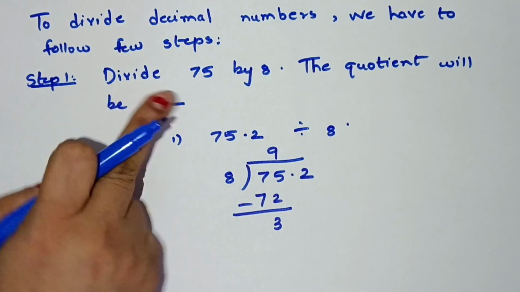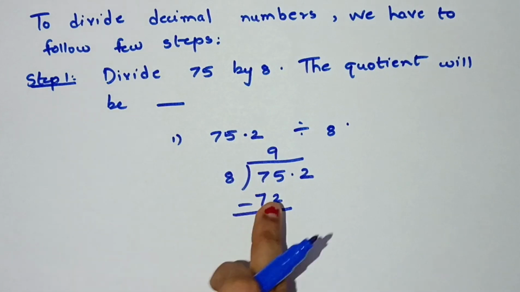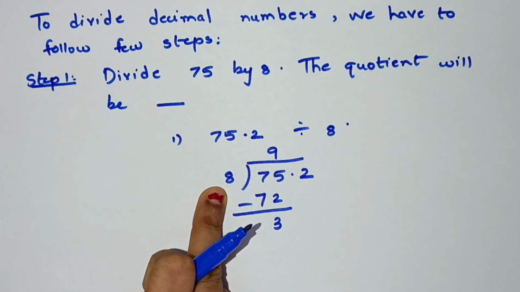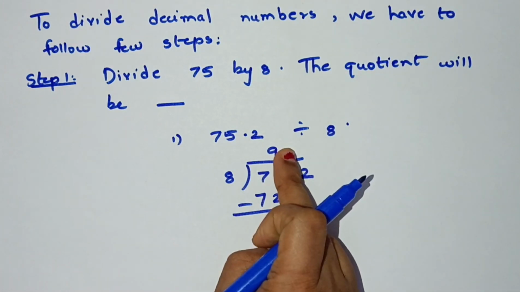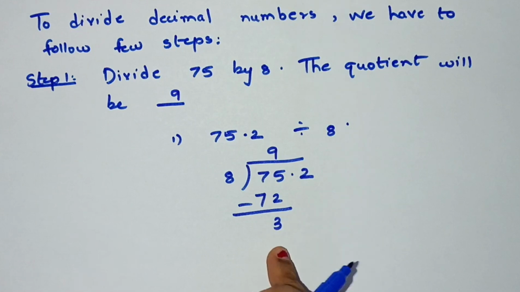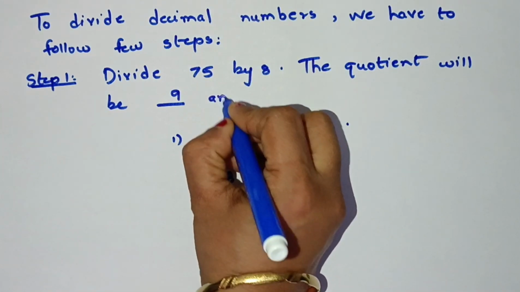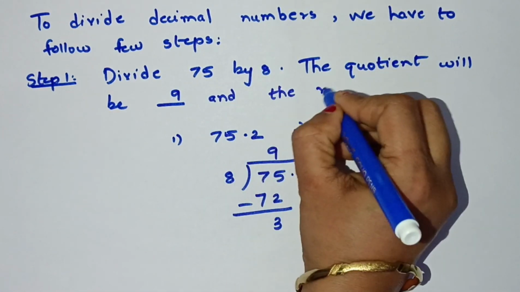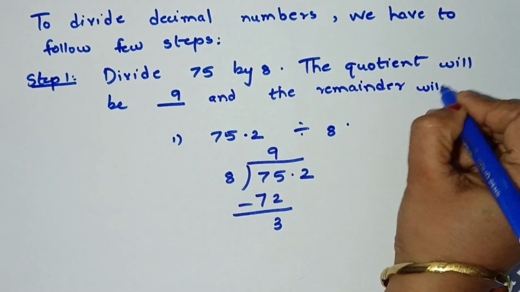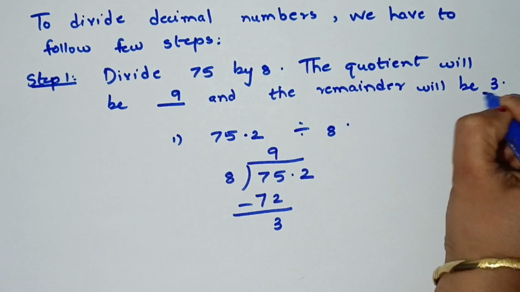So divide 75 by 8. It means 75 is a whole number, and we have divided it by the divisor 8. The quotient we got is 9, and the remainder will be 3.